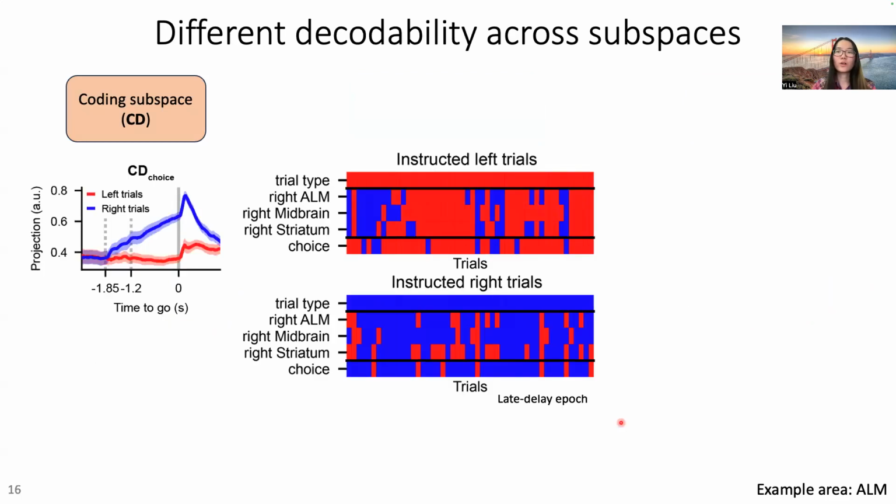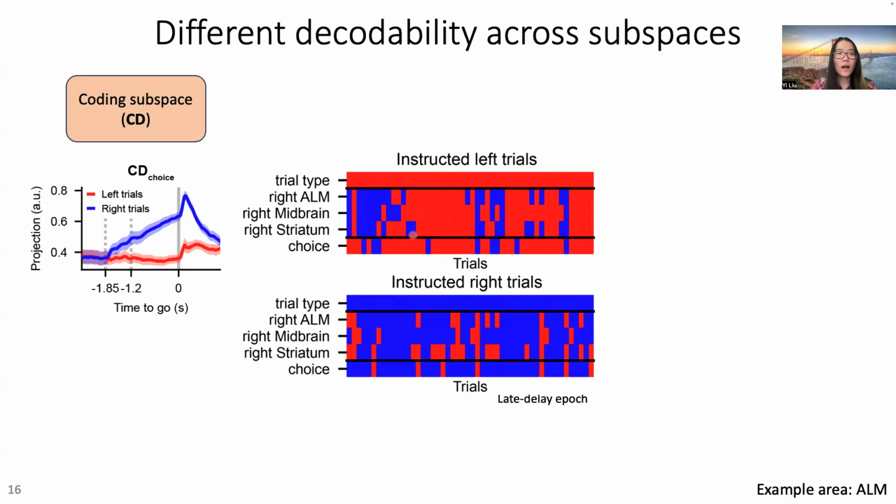Now let's focus on the choice coding subspace and take a closer look at the decodability. Here is an example session, and the trials have been grouped according to the instructed left or instructed right trials. Each column here is one trial, and we are showing its trial type and choice.